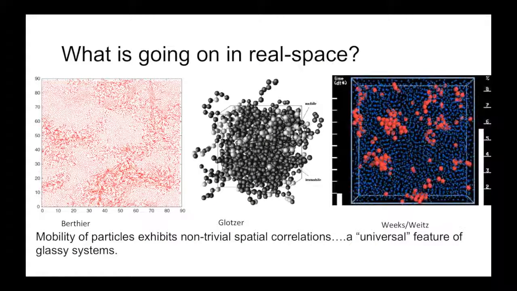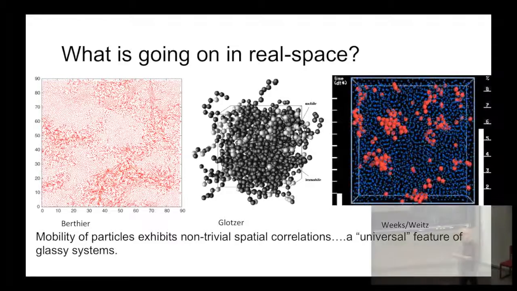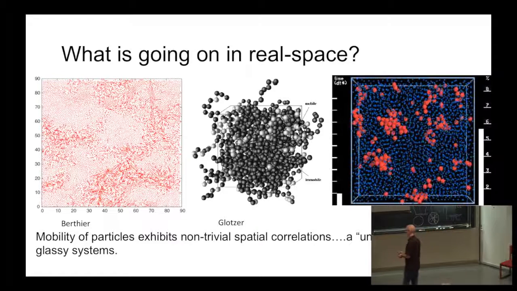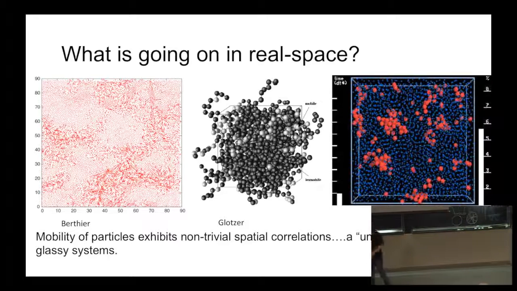Okay, so just to show you some pictures and a movie, let's look at all the particles now, not just the probability distribution function for a single particle. What you start to see is this same kind of collective phenomena that I was hinting at. This is from a simulation that Ludovic did. If you look at the displacement fields, you just map out how far particles have moved in some interval.